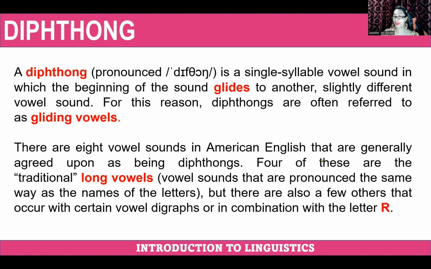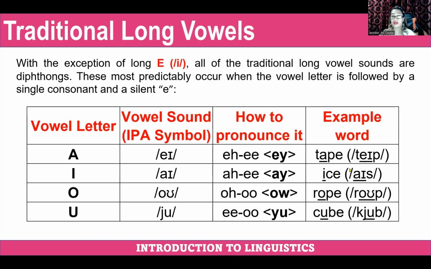But there are also a few others that occur with certain vowel digraphs or a combination with the letter R. And in our face-to-face meeting last time, I discussed what digraphs are and examples of them.